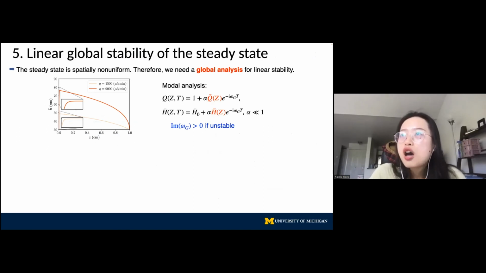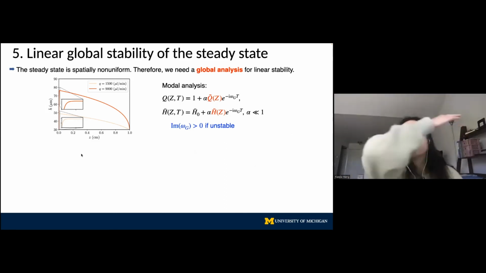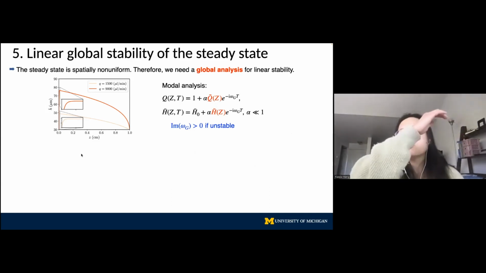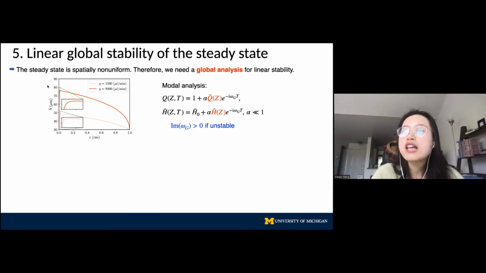We would like to know why in some cases the system doesn't reach the steady state. Therefore, to answer that question, we analyze the stability of the steady state. For this 1D FSI model, since the channel flow is pressure driven, there is a non-uniform pressure distribution within the flow. Therefore, the deformation at the steady state is also non-uniform.